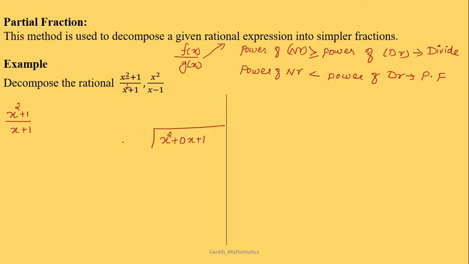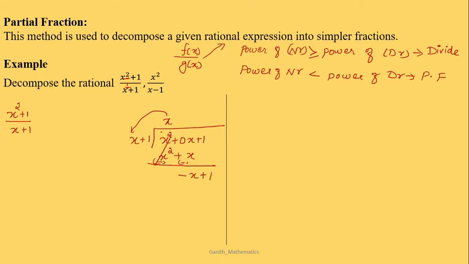What is the denominator? This is the divisor, right? We want to cancel out this x square, so you have to multiply by x. x into x will be x square, x into 1 will be x. You have to subtract these two. So plus x square minus x square gets cancelled, plus into minus will be minus x, and this will be 1.